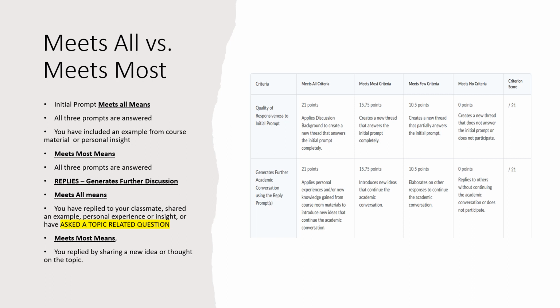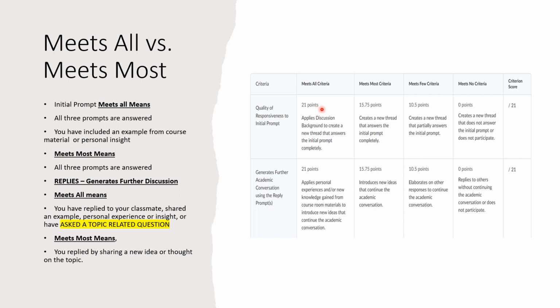Okay, the first two parts of the grading rubric talk about the quality of our initial prompt and our replies. What is the difference between meets all and meets most in our initial prompt?